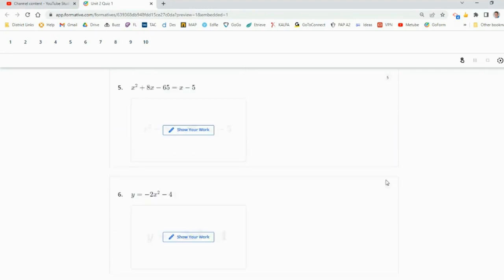Some of the methods, you'd have a really hard time with. If you said, I'm going to factor it all, there are some of these that you will not be able to factor. So you can do the quadratic formula on every one if you wanted to, because it works for everything. That's the only one that really works for everything. The other ones, you have to see which ones work. But some of them are easier if you use factoring or the square root method or difference of squares.